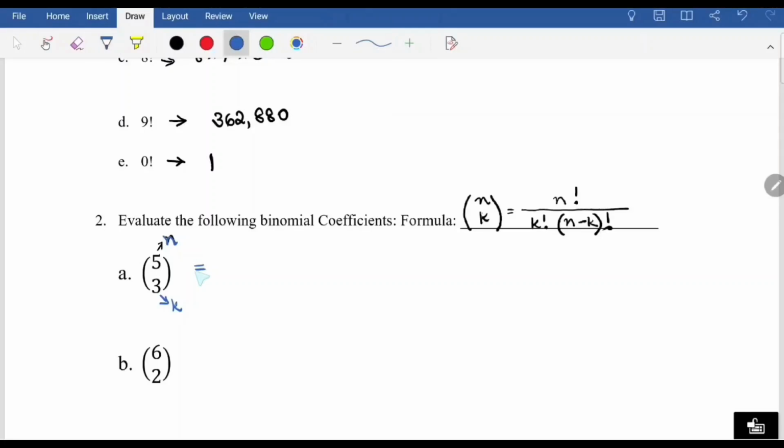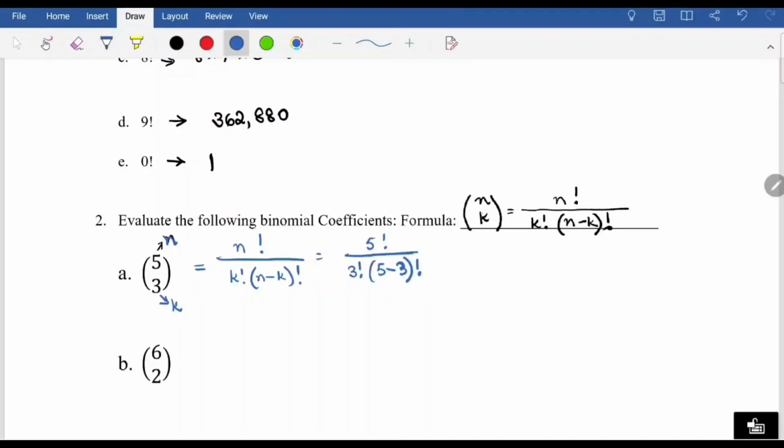Let's write the formula first. N factorial divided by k factorial times n minus k factorial. So n is 5, so 5 factorial divided by k is 3, so 3 factorial times 5 minus 3, and then factorial is outside the bracket.